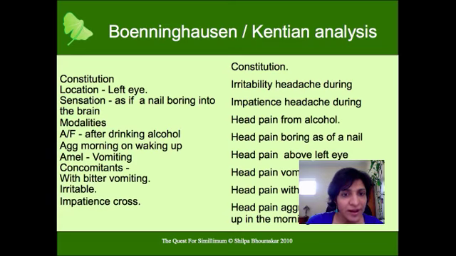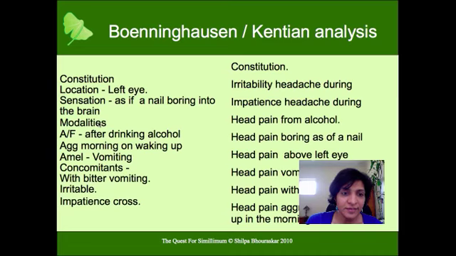So in our case, the left side analysis is your Boenninghausen analysis, where I've used the constitution, which is what a person is, a generally irritable and impatient person who comes with a headache and is quite thin and sparse. I've generalized the location, which is the left eye. The sensation is quite peculiar, which is the nail boring into the brain.